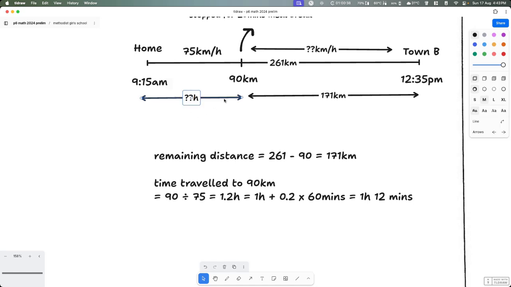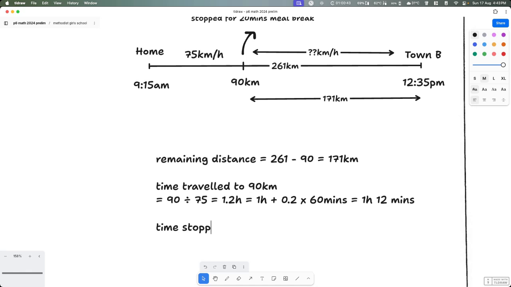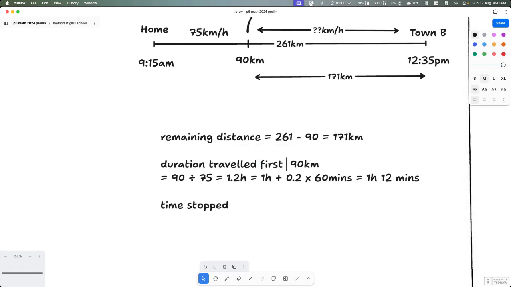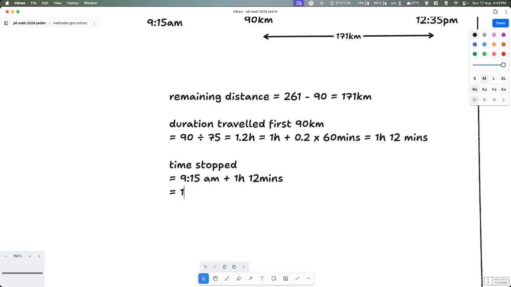So the time he stopped, not duration, the time he stopped after traveling the first 90 kilometers, is 9:15 a.m. plus 1 hour and 12 minutes, which is equal to 10:27 a.m. That's what I see over here.